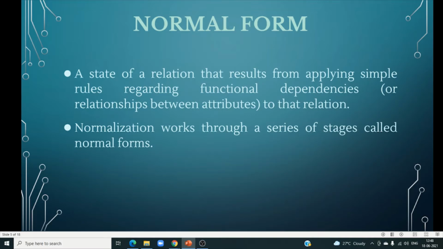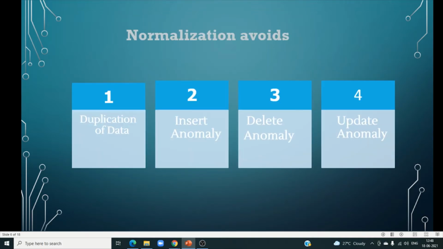What is functional dependency? Functional dependency means the dependency between the key attribute and non-key attributes. Key attribute means primary key, which is the identifier for the table that must identify all other attributes in the database or table.